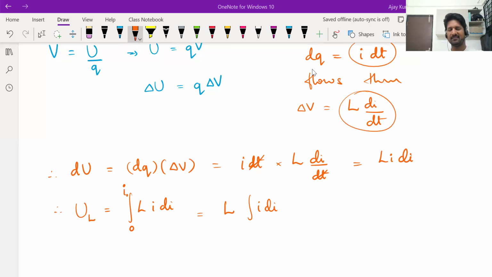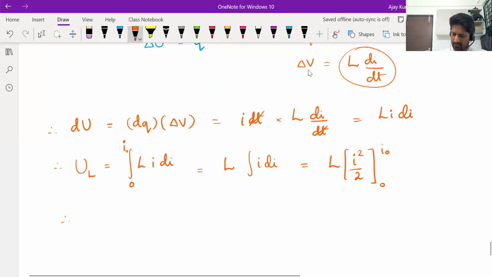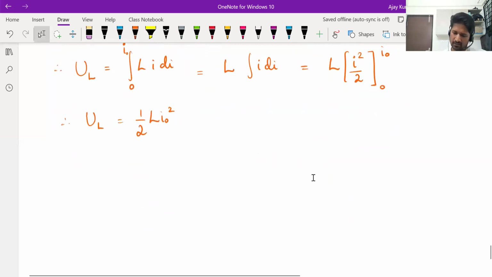Tell directly. I square by 2, correct. So this becomes L into I square by 2 as the current changes from 0 to I naught. Therefore, the final energy stored in the inductor becomes half L I naught square. If the current is I naught, it is half L I naught square.